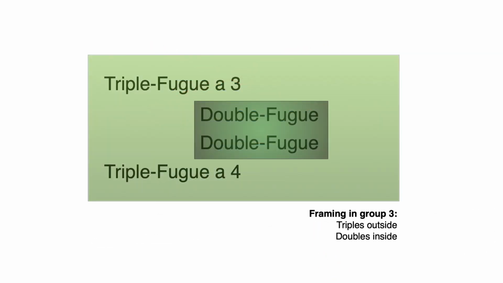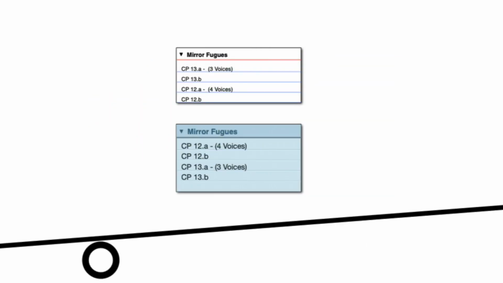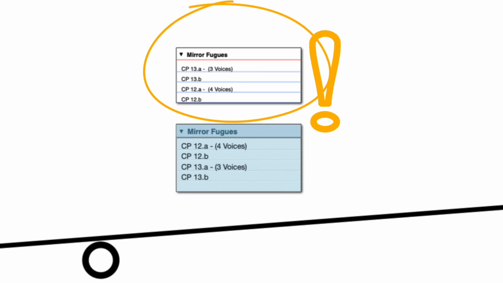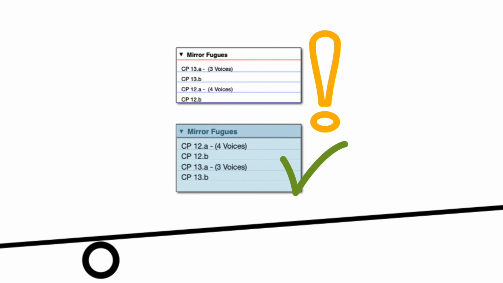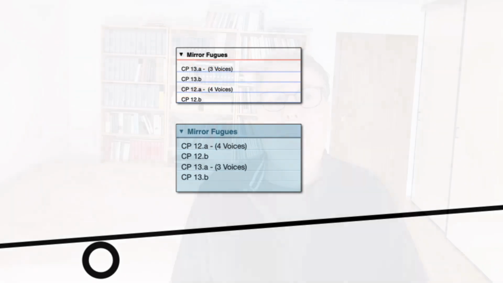And probably you would assume a 4-voiced mirror fugue as more complex than a 3-voiced one. Nevertheless, Bach sets the 4-voice before the 3-voiced fugue, or the mirror fugue. So Bach should have other and inner musical reasons for his chosen order.